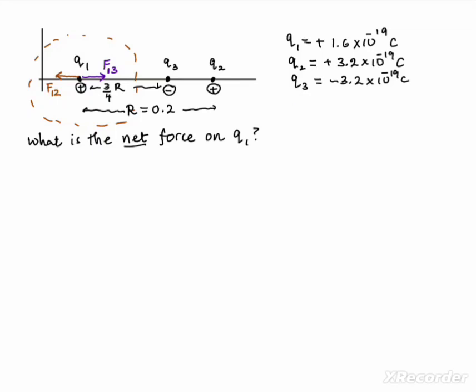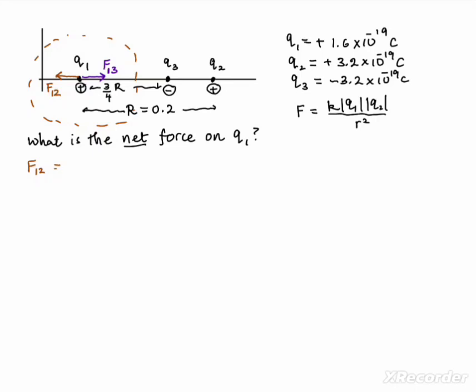If you remember, F equals k Q1 Q2 over r squared: the first charge, the second charge, divided by the distance between the two charges squared. So let's find F12 first.